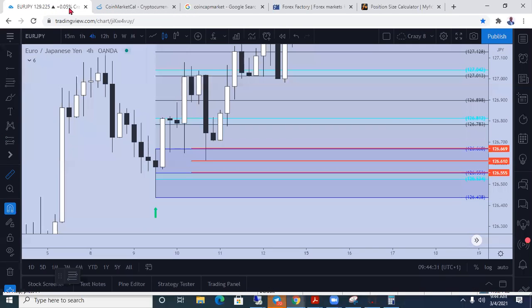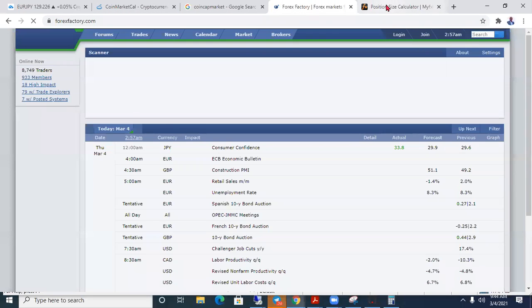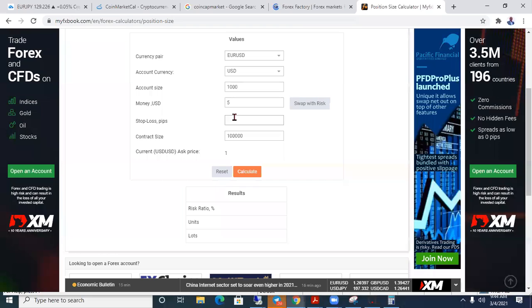So I'll come here and I'm going to calculate my stop loss from this level to this level, which is about 28 pips. So I'll have 28 pips and I'll calculate.